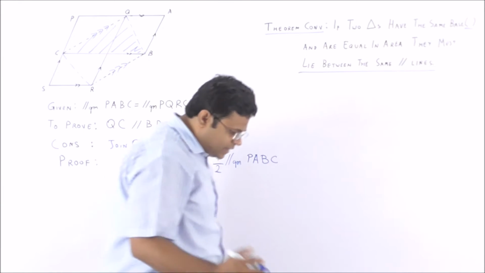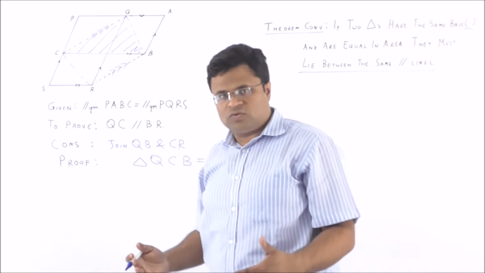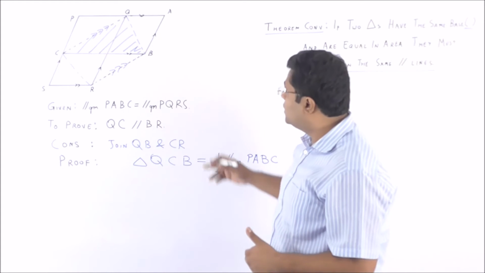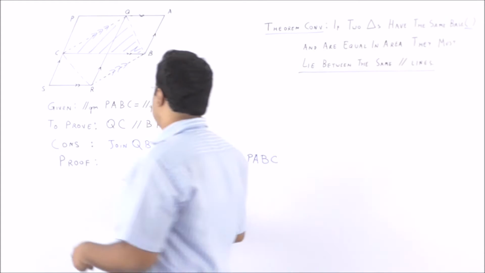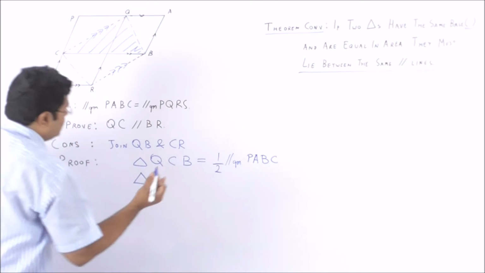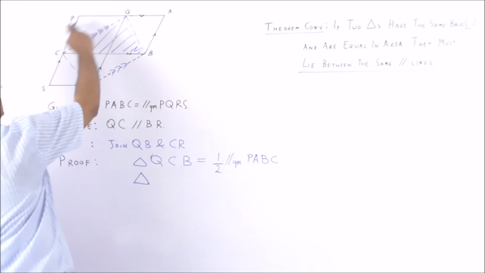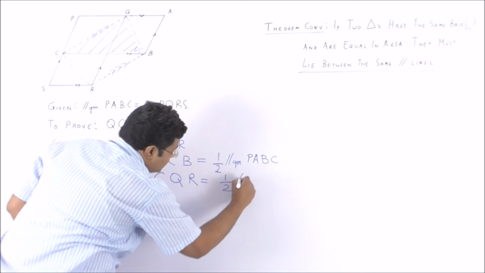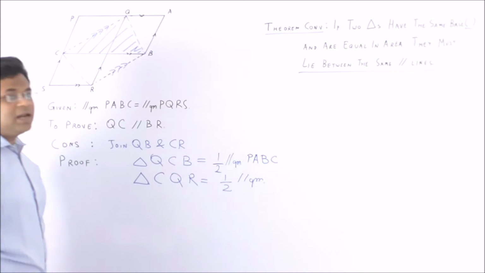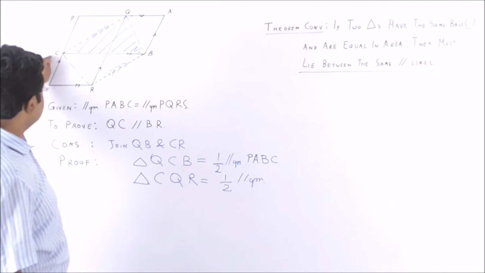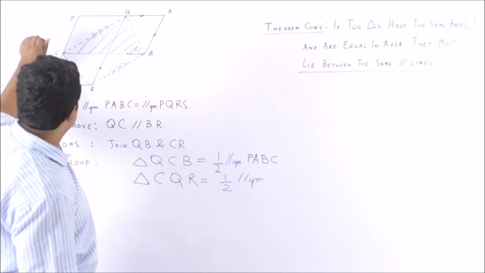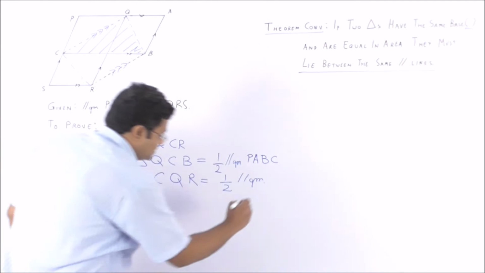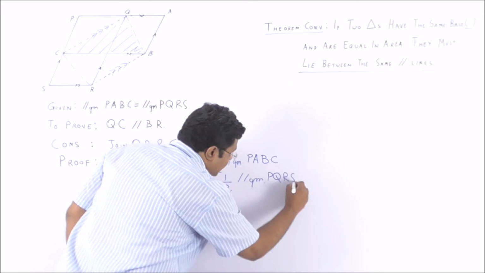Now could you think of the other triangle? Focus. We'll be going slow, so don't worry. What's the next triangle? One triangle is QCB. Next triangle. Come on. Triangle CQR. This should be half of parallelogram PQRS.